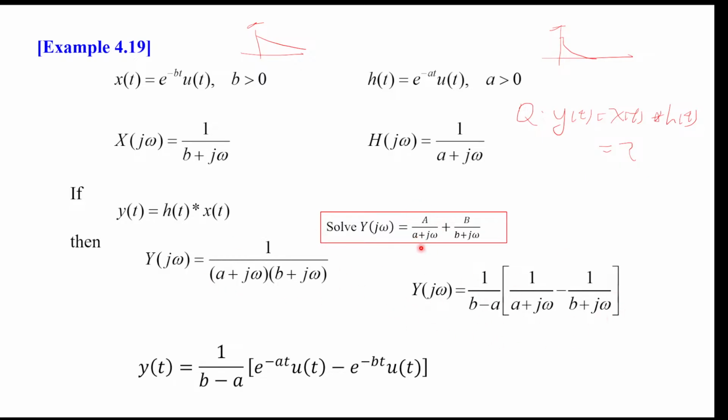So if you solve this, you see big A equal to 1 over b minus a, and big B equal to minus 1 over b minus a, and big Y equal to those two terms, and then by linearity of Fourier transform, the inverse Fourier transform of big Y is the inverse Fourier transform of this first term with big A and the second term with big B. And the Fourier transform of those two terms we already know. Okay, so the inverse Fourier transform of 1 over a plus j omega is e to the minus at u of t, and the inverse Fourier transform of 1 over b plus j omega is e to the minus bt u of t.